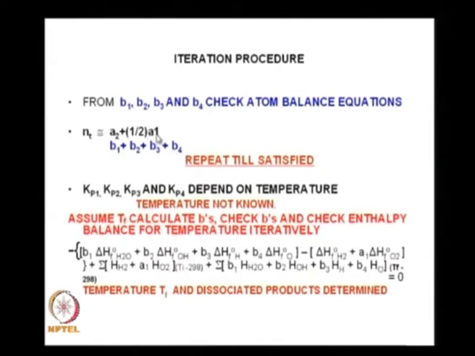If this is going to be different from the assumed value, I take this as the total number of moles and redo the calculations till B1, B2, B3, B4 converge, and that will be my final value of B1, the number of moles of H2O, the number of moles of OH, of H and of O. In other words, what is it we have done, or what do we need to understand in this?